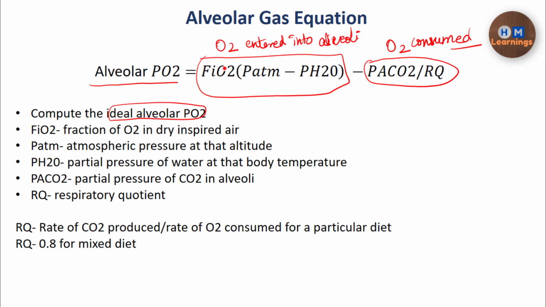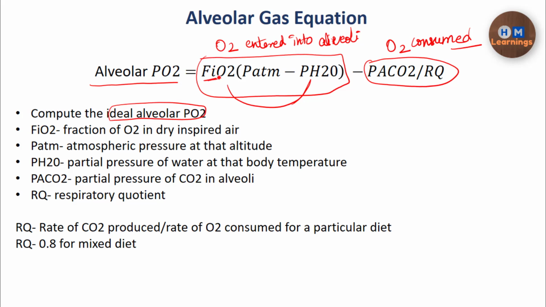Okay, so the minus of that is going to tell you what is the alveolar PO2 at that point of time. So this is actually going to tell you what is the partial pressure of oxygen in the airways, because that is the oxygen only which is entering inside the alveoli.